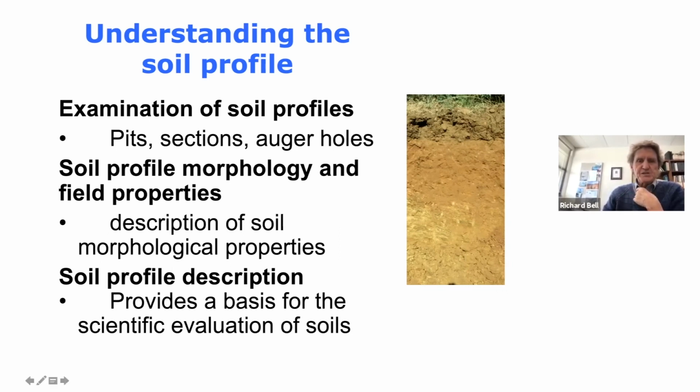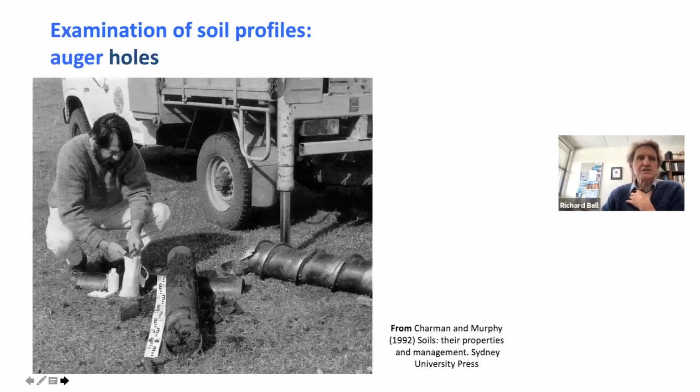So if we use some standardized methodology and terminology to describe properties, then we've got the basis for a scientific evaluation of soils and to be able to communicate information about crop management and crop production and alleviating soil constraints and the like.